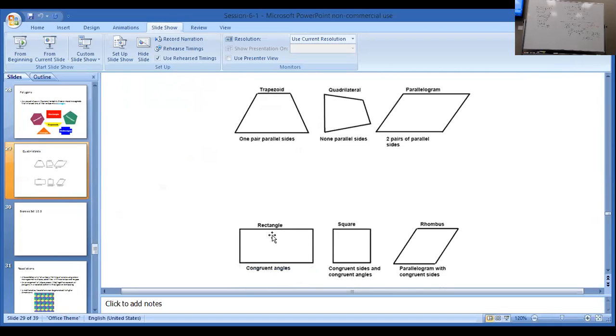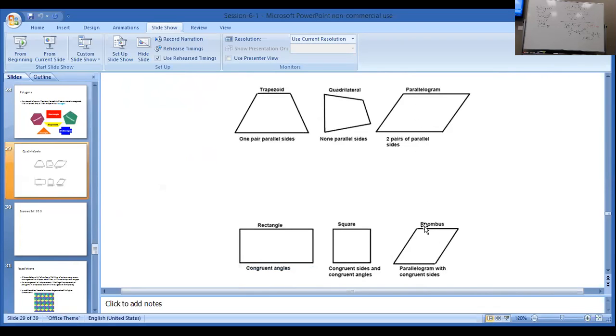We get a rectangle, with congruent angles. They're all 90, 90, 90. But two sides are equal, and the other two sides, the lengths and the widths, are equal. A square has all sides and all angles equal, 90 degrees. And when you get a parallelogram with congruent sides, you end up with a rhombus.